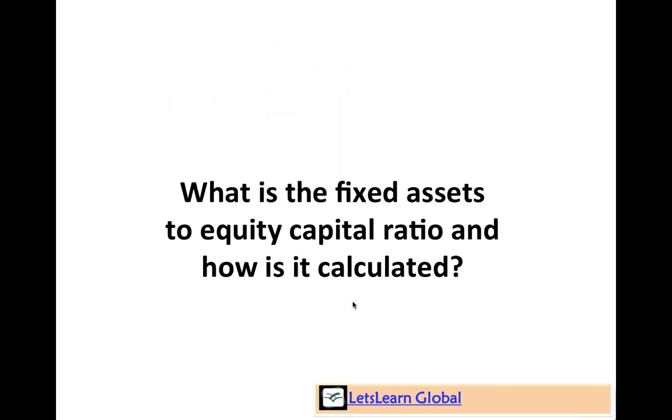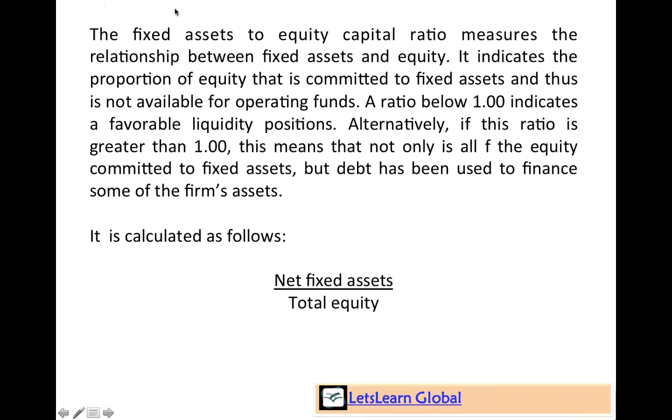Then the next important ratio is the fixed asset to equity capital ratio. How much of fixed assets you have which are invested from total equity. If this amount is like 1 or greater than 1, means the major portion of your assets, okay, if it is equivalent to 1, means the entire fixed assets are purchased from owner's money.